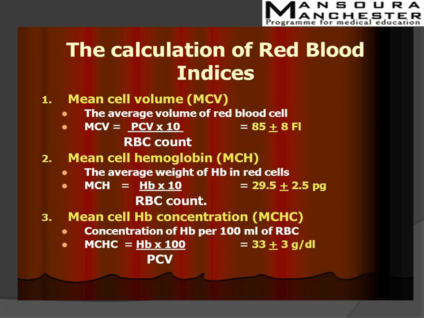We have mean corpuscular hemoglobin, which is the average amount of hemoglobin in each red blood cell, ranging between 27 to 31 picogram per cell. And lastly, we have mean corpuscular hemoglobin concentration, which is hemoglobin density, or defined as the average concentration of hemoglobin per red blood cell. It ranges between 32 to 36 gram per deciliter.